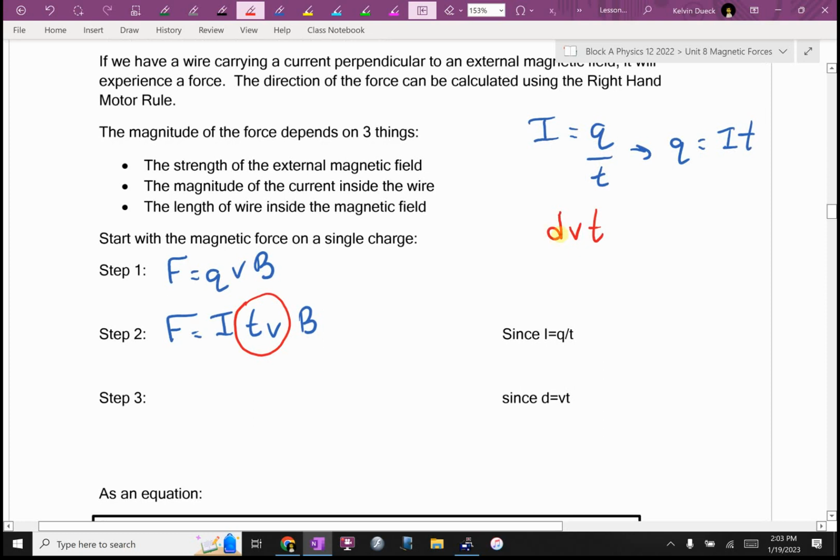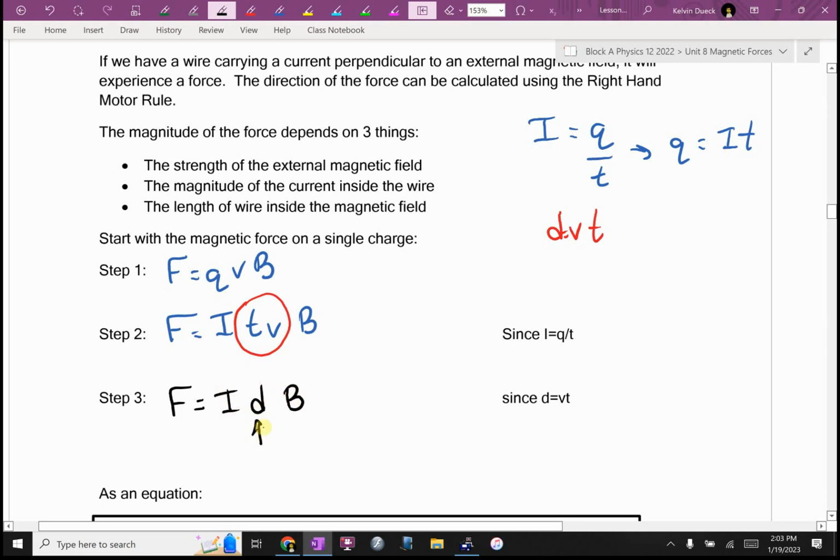It's distance. If we have no acceleration, we're going to assume these things accelerate in a split second, but after they accelerate, they're going at a constant speed. They might be changing direction, that's where the acceleration is, but they're in uniform circular motion at a constant speed. So we're going to ignore the plus a half AT squared. So I can write this as I times distance.